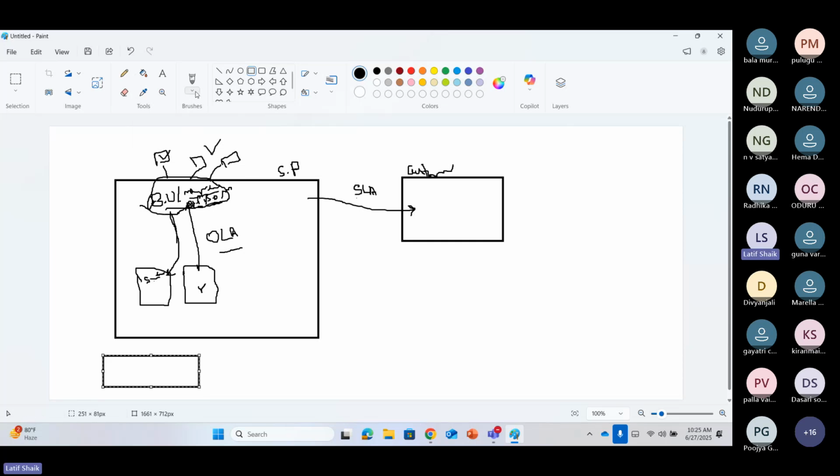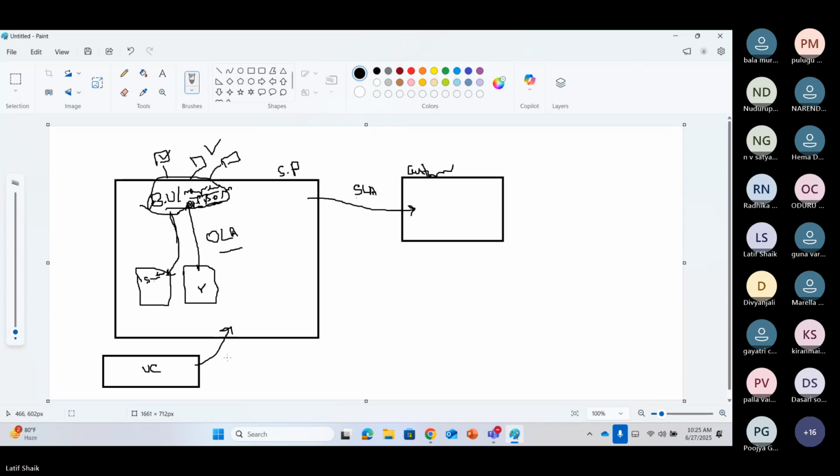Next is called underpinning contract, UC. What is an underpinning contract? Guys, we need a lot of vendors. For example, scientists need an internet connection, right? Who will provide that?